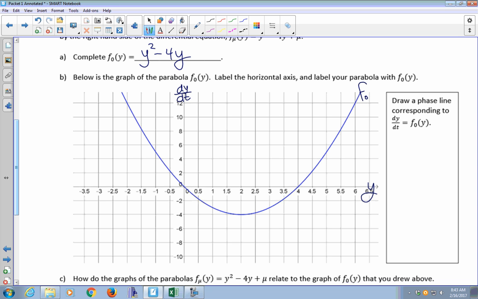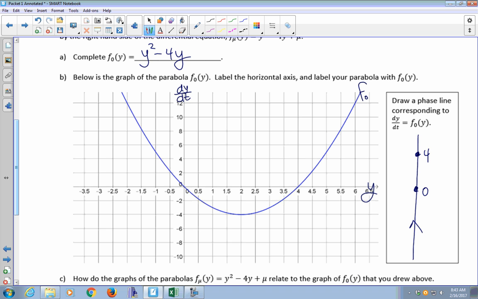I want to draw a phase line that corresponds to this graph. Where are my equilibrium points? 0 and 4. To the left of 0, the derivative is positive. When y is less than 0, the parabola is above the axis, so the arrow points up.